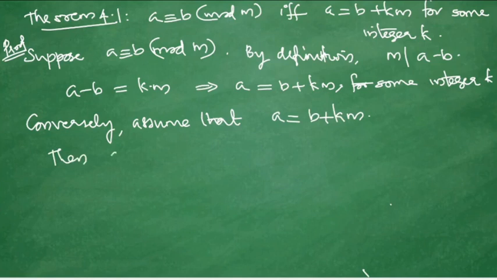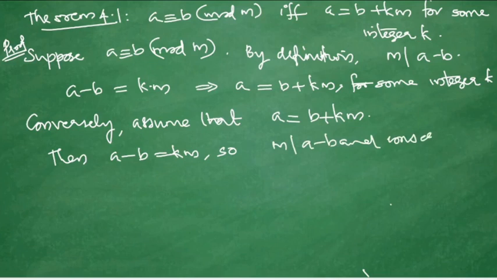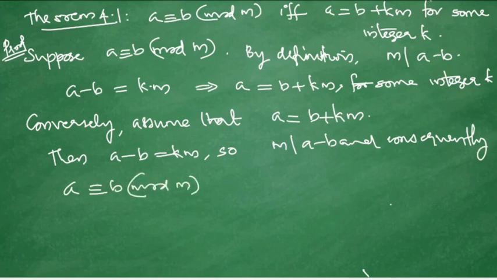Then a minus b is equal to km, and so m divides a minus b, and consequently a is congruent to b modulo m. So the result is very relevant: a is congruent to b mod m if and only if a is equal to b plus km for some integer k.